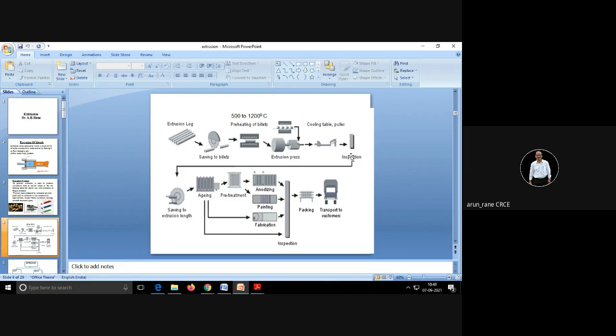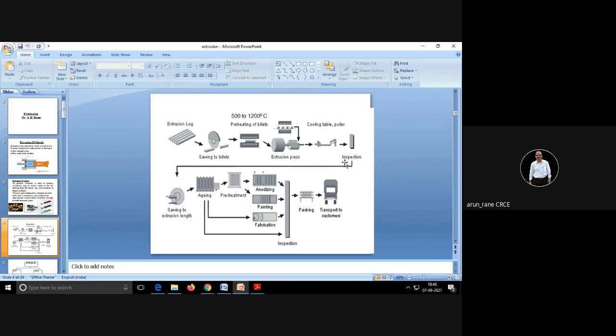After extrusion, the parts are inspected to check whether the product conforms to the size and shape. Since the extrusions are long and there are difficulties in transport, they are cut to length so that they can be transported easily.